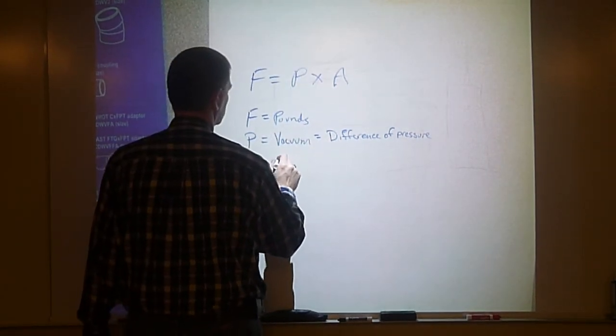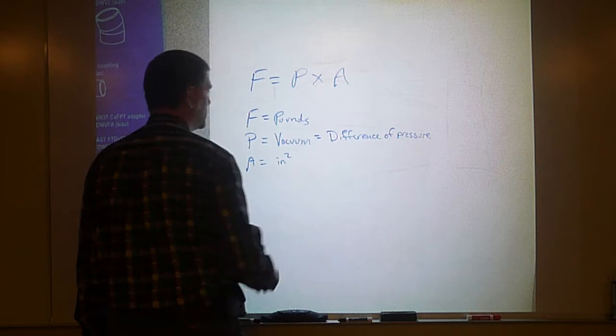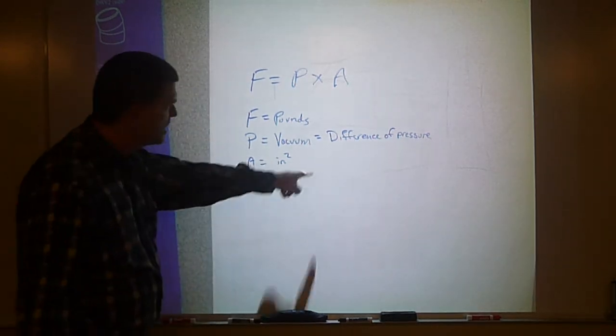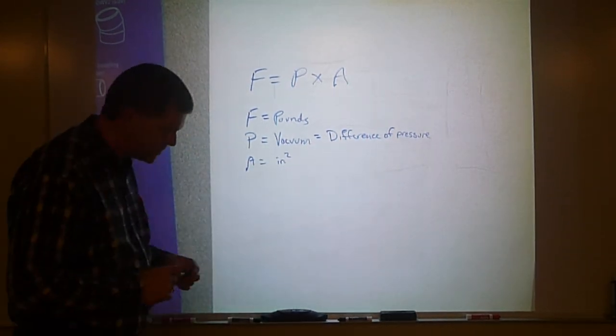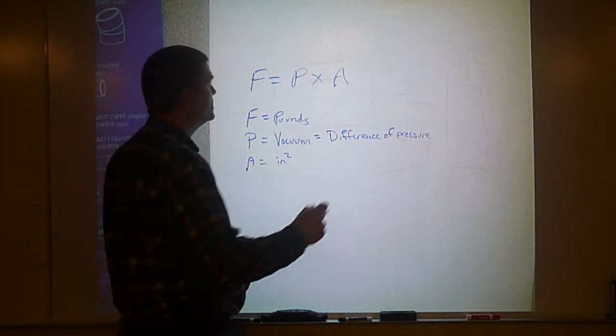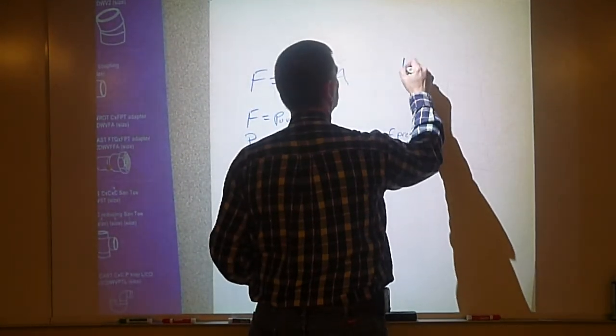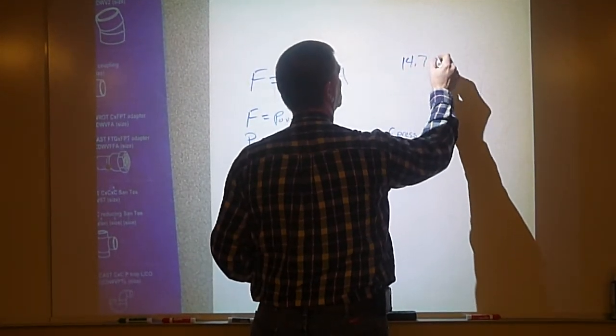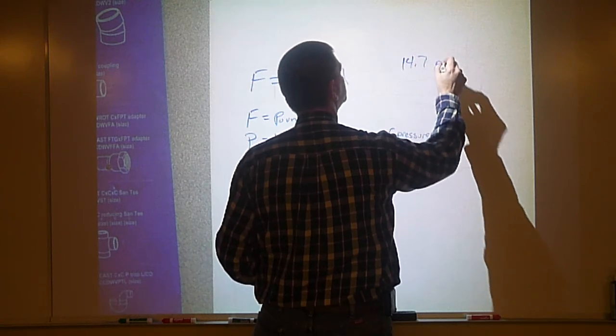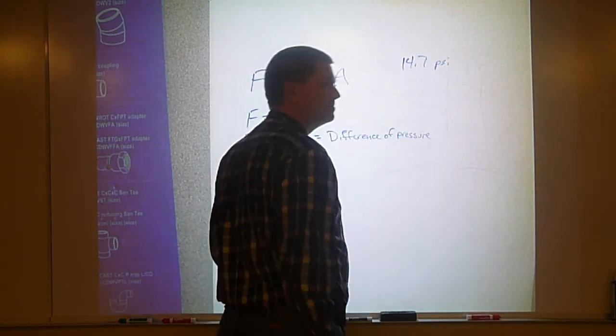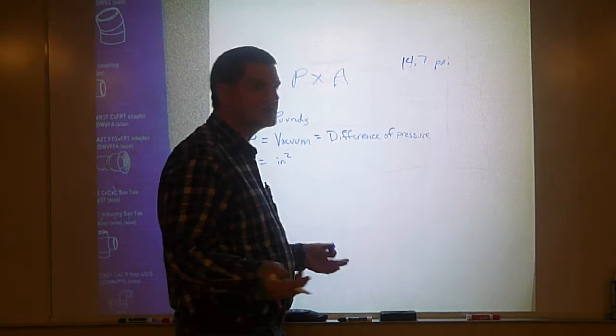Area equals inches squared. So let's talk about this difference of pressure. Difference of pressure is, at sea level we've got 14.7 psi of absolute pressure.